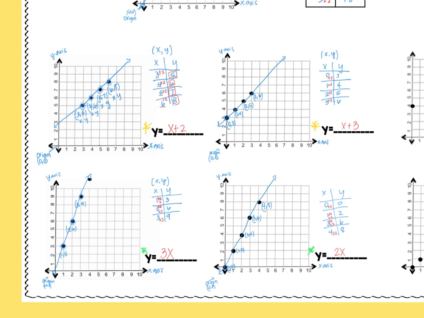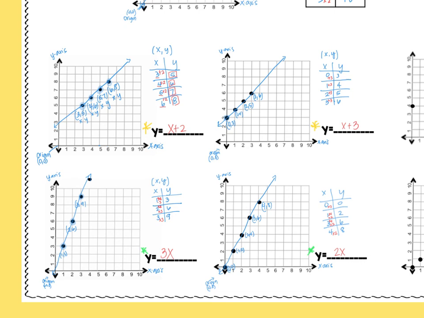That means we multiplied a number by x to get to y. If you look at our graphs, is there anything that the top two and the bottom two have in common? Think about it for a second, and I'm going to show you something that will really be helpful for you.